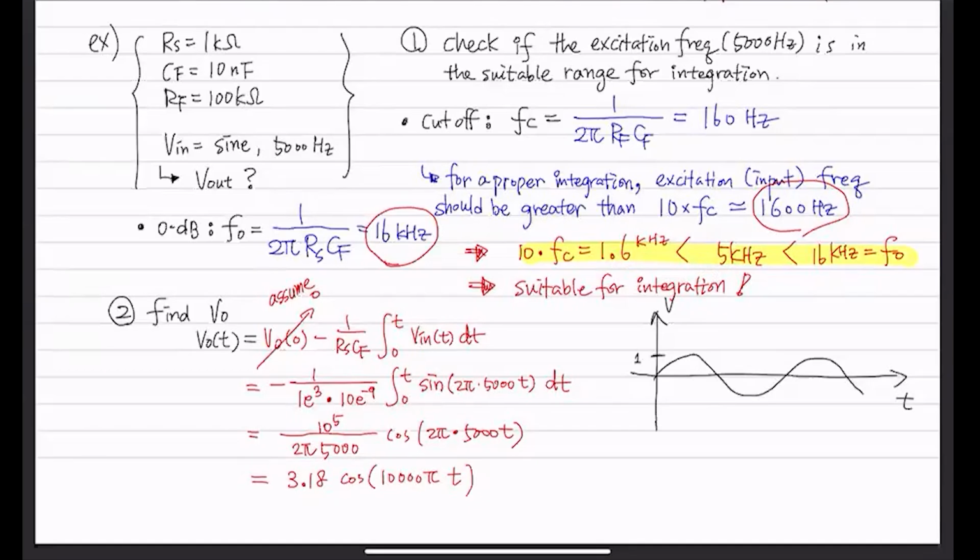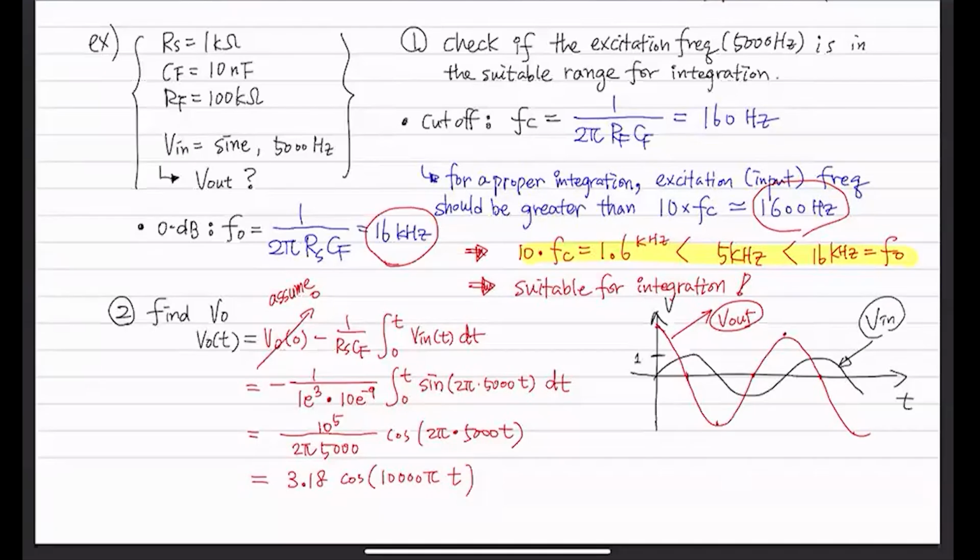So if we had an input that was a sine wave of 5,000 hertz, then we're going to have a cosine coming out with a different amplitude, but the same frequency. It's going to be 2 pi at 5,000. Okay? So what we're having is something like this. That's our V out, and the black line is our V in.